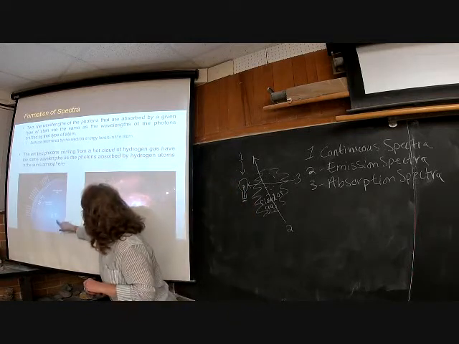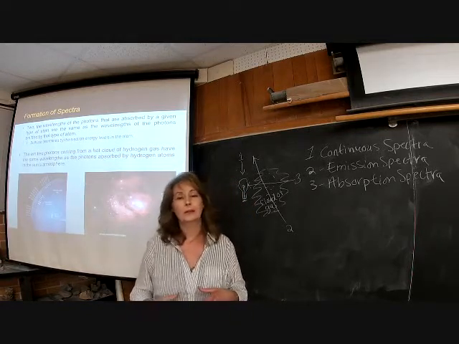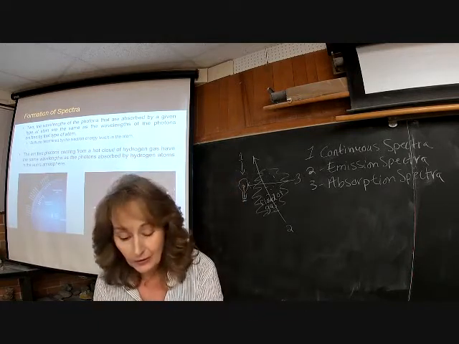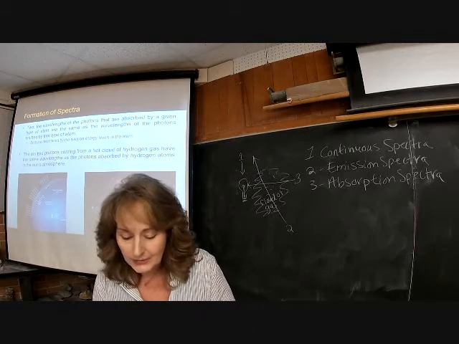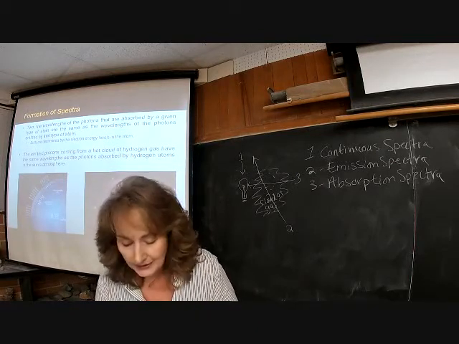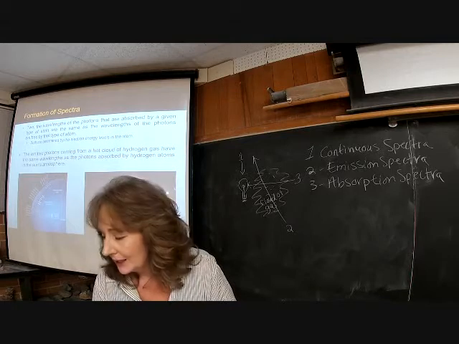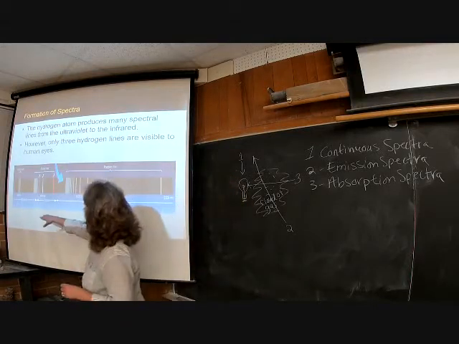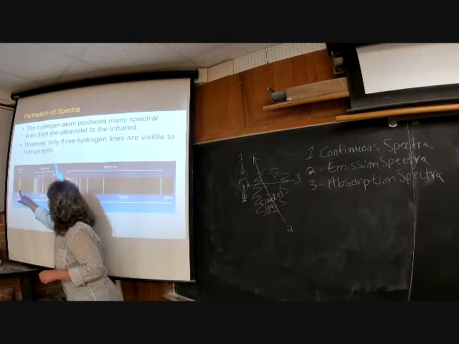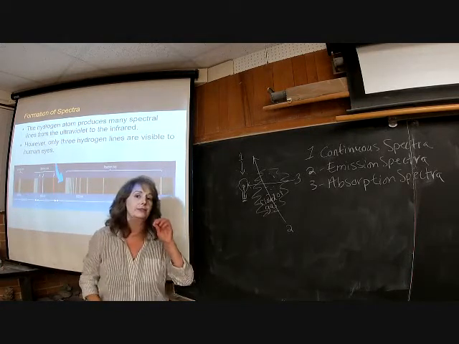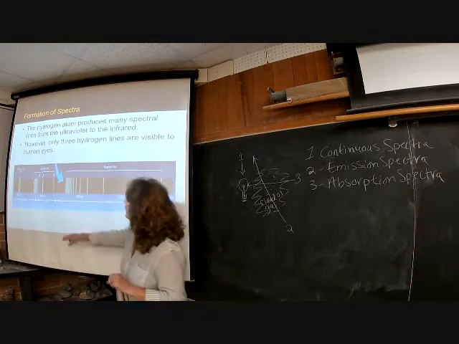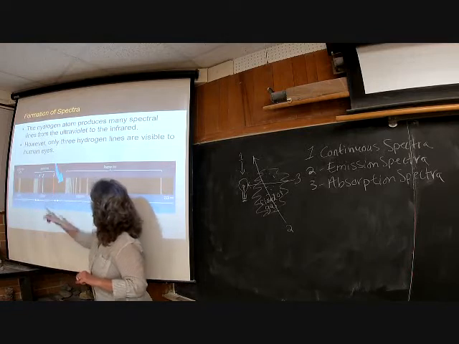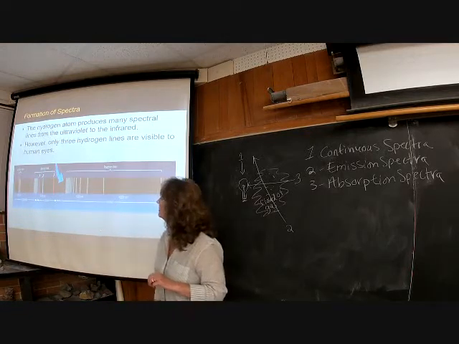And then the Lyman series is in the UV region of the electromagnetic spectrum. But there are three lines in the Balmer series that we can actually see because they are in the visible light region. Okay, so this is nice. Here's the Lyman series, so definite exact wavelengths for each one of those. The Balmer series has the purple, so the violet, the blue, and the red, distinct wavelengths.